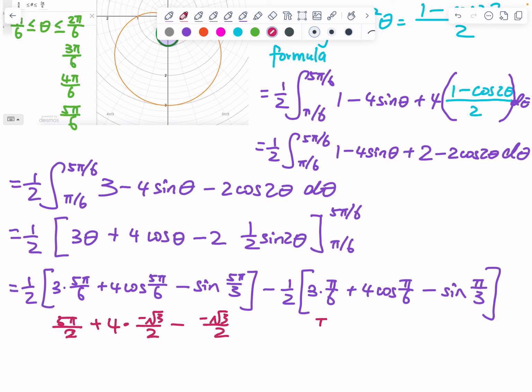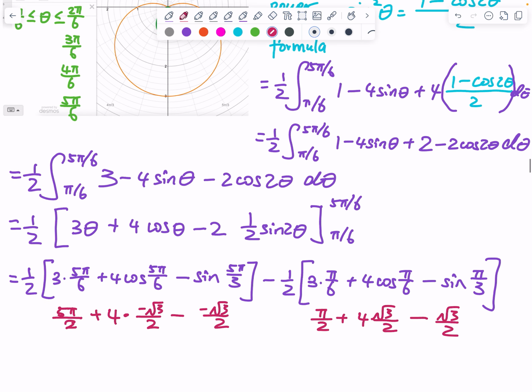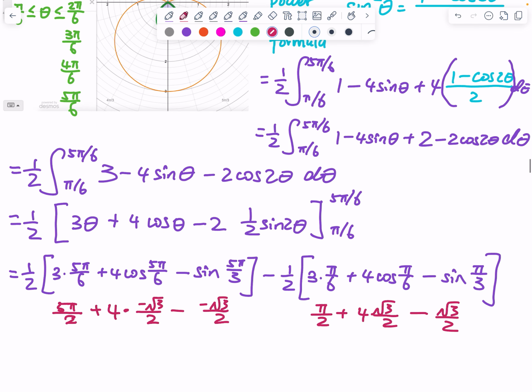And then this is pi over 2 plus 4 times root 3 over 2, and then minus root 3 over 2. Actually, you can take the 1/2 outside, and then just do the simplification, just do the subtracting and adding inside. But be careful, here is a minus, so you will have to distribute this minus to every one of that.